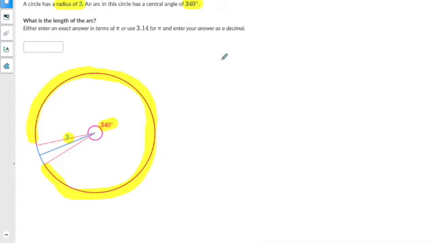So I'm just going to say the formula here is a proportion. If we knew the arc length divided by the circumference of the circle, that ratio, like this far around to the whole distance around the circle, should equal the ratio of this angle divided by the whole circle.